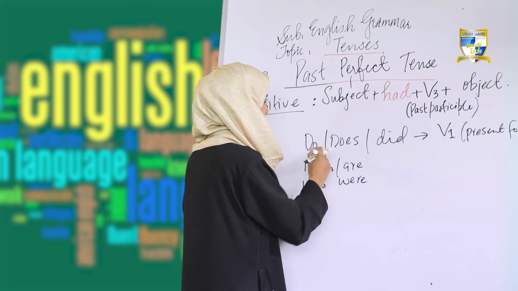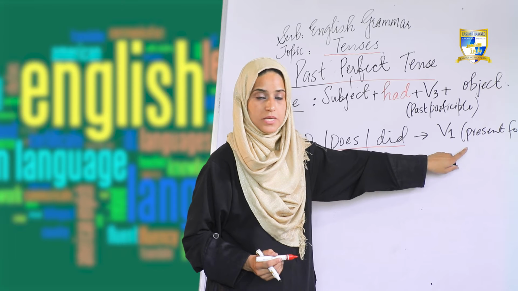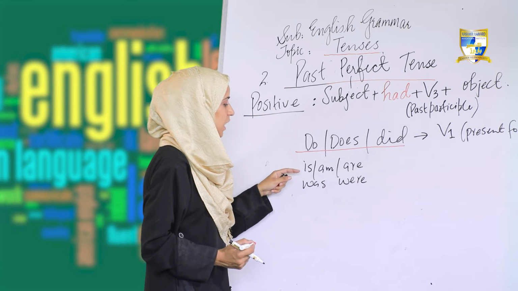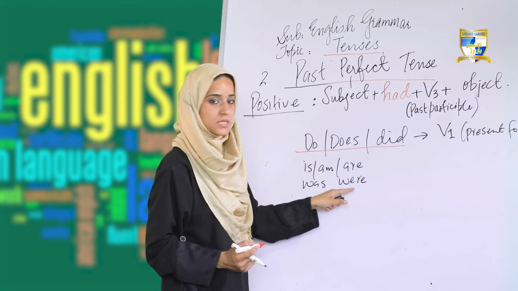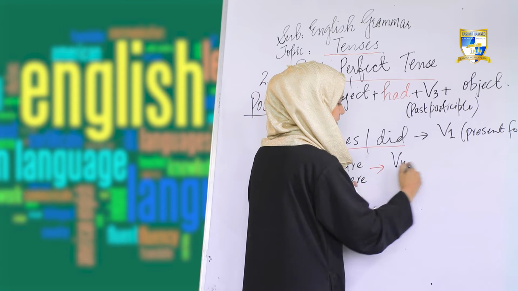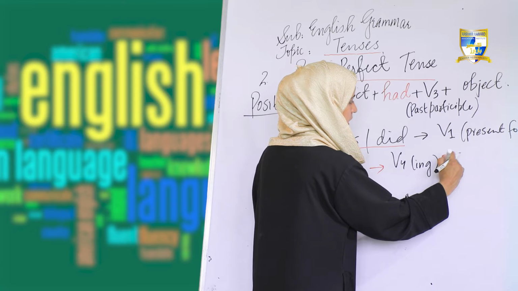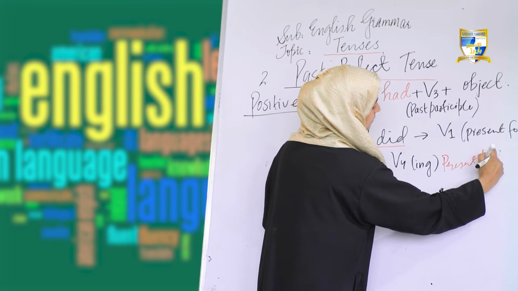When you are talking about do, does and did, we use the first form of verb, present verb. When we are talking about is, am, are, was and were, there we use verb 4, that is the ing form of the verb, also called present participle.